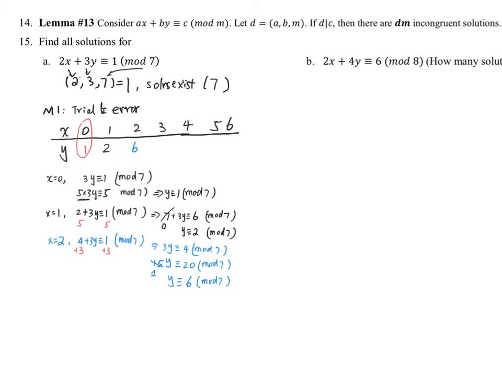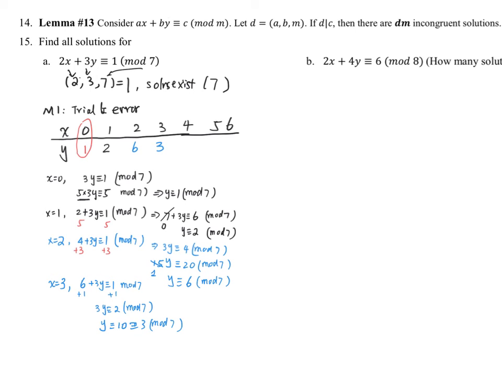And similarly, you continue to do this similar work. When x is 3, then you have 6 plus 3y congruent to 1 mod 7, and then I would add 1 to both sides. Therefore I have 3y congruent to 2 mod 7. Multiply both sides by 5, so I have 15y, which is congruent to y, congruent to 10, which is congruent to 3 mod 7. So therefore I have 3 here.